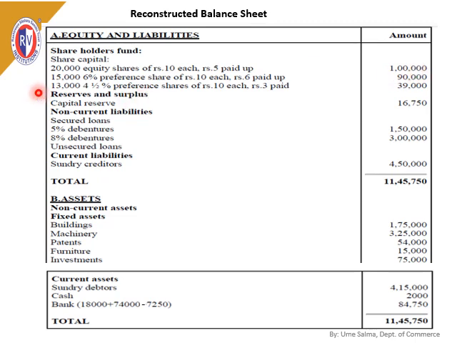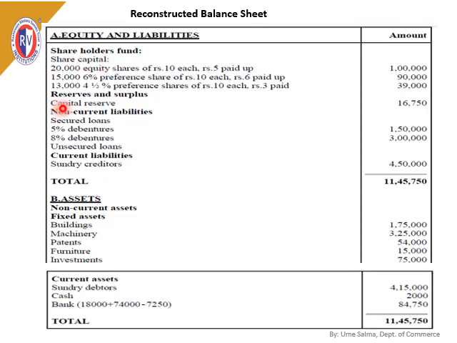And the new preference shares which have been reduced to 6 paid up are now shown as 90,000. Another preference share which has been reduced to 3 paid up is shown as 39,000. So these are the adjustments and alterations made for the share capital.